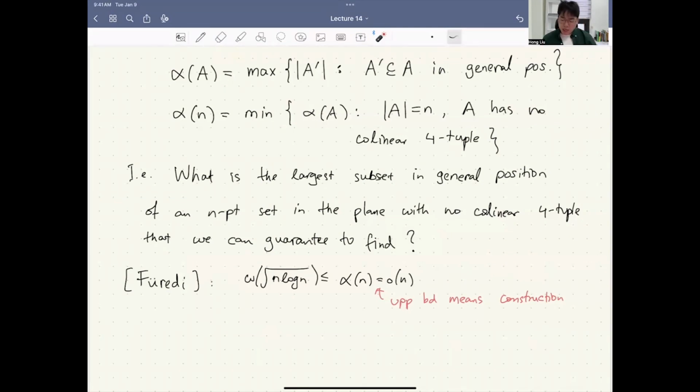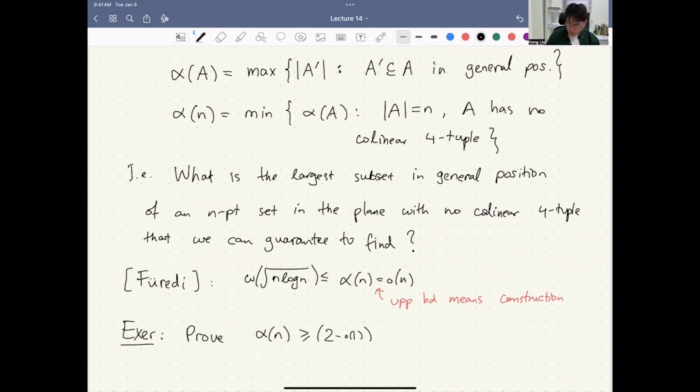First, as an exercise, let's try to prove some weaker lower bound. This exercise is not so hard. Prove the weaker lower bound that alpha n is at least some constant times square root n.